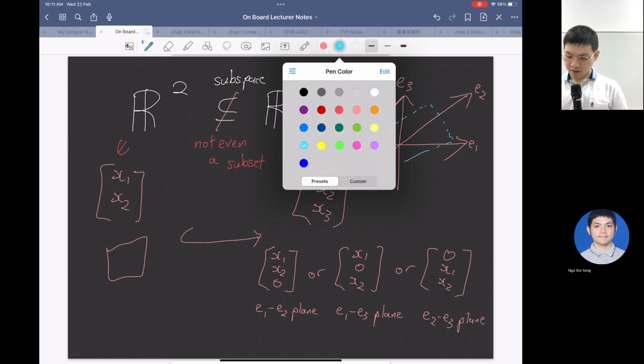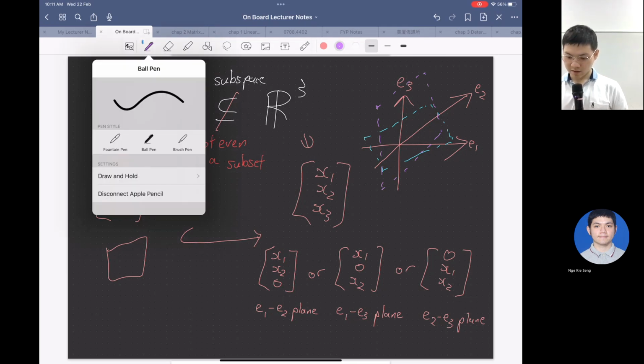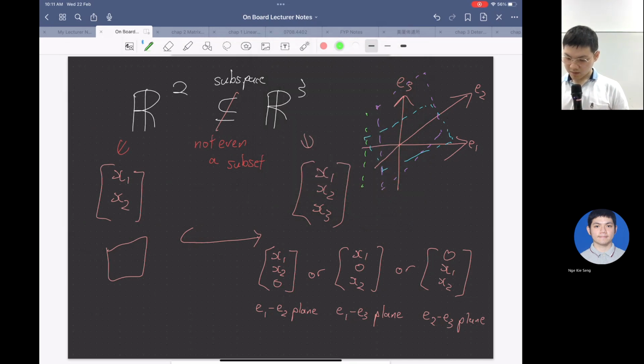The other one sitting like this. And one more like this. E1, E2 is like this, E1, E3 is like this, E2, E3 is like this.